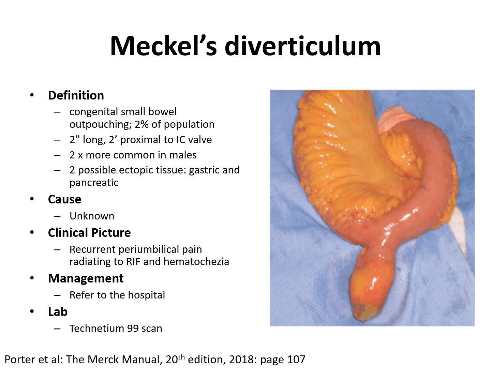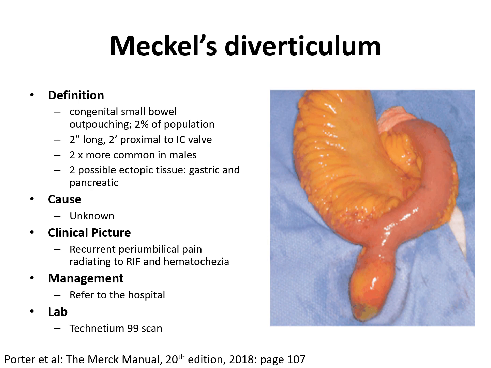The second cause of abdominal pain with hematochezia is an uncommon condition known as Meckel's diverticulum. This is a congenital small bowel problem where you have an outpouching in the ileum. This occurs in 2% of the general population.